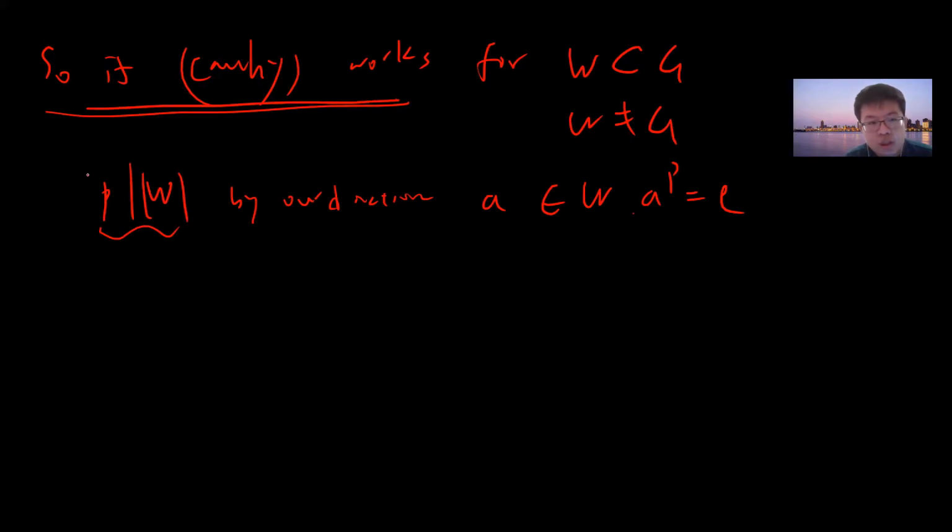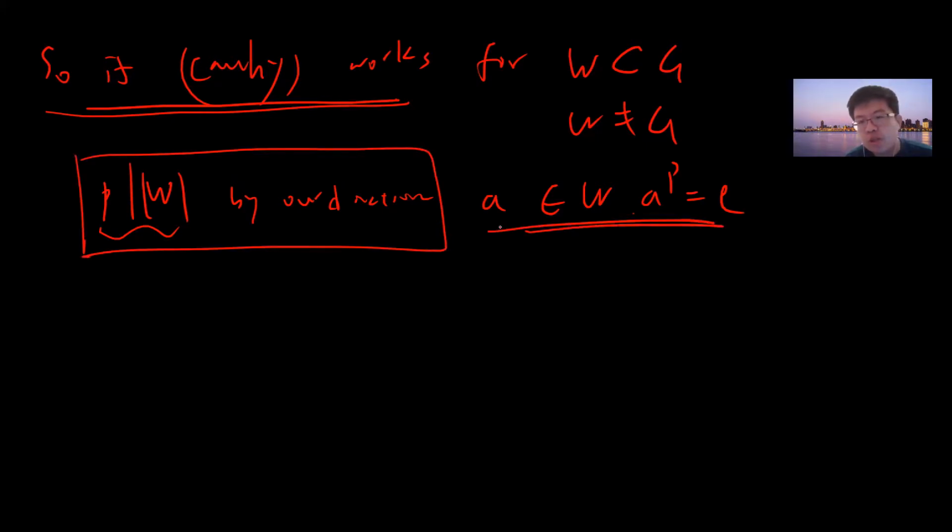So the key idea is that if we find a subgroup with this property, then we already get an answer.